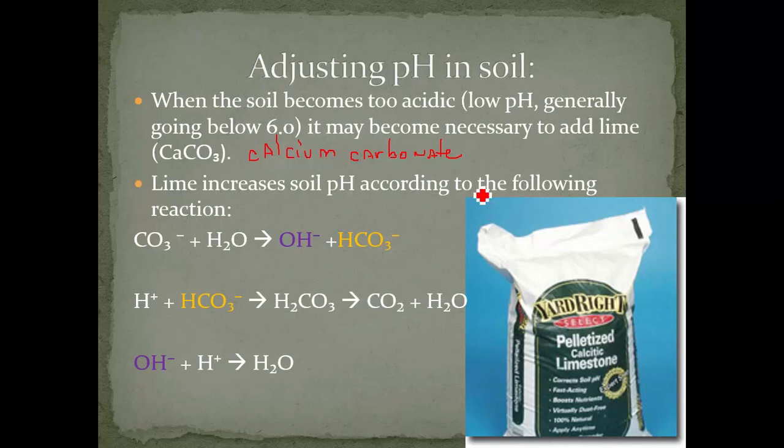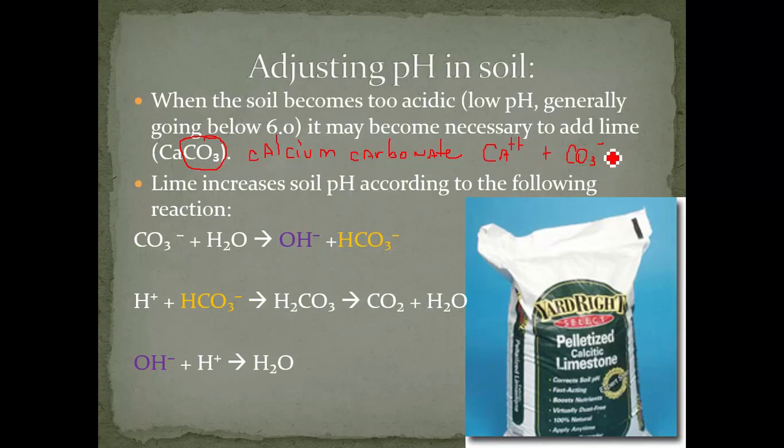It will raise the pH according to the following reaction. When the lime gets into the soil, it will dissociate into its various ions, calcium plus the carbonate ion, CO3.